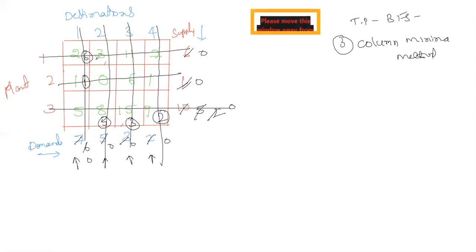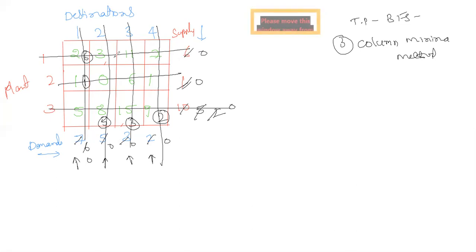Check once. The sum of these should be only this supply, 6. Okay, it is 6. The sum of this row: 5 plus 3 plus 2 is 10. Okay, it is equal to supply. Similarly here, 6 plus 1 is 7, correct. And then the second column is 5, only 5. The sum of the column is 0, 0, 0, 3, so 3. Here it is 0, 0, 2, so 2.